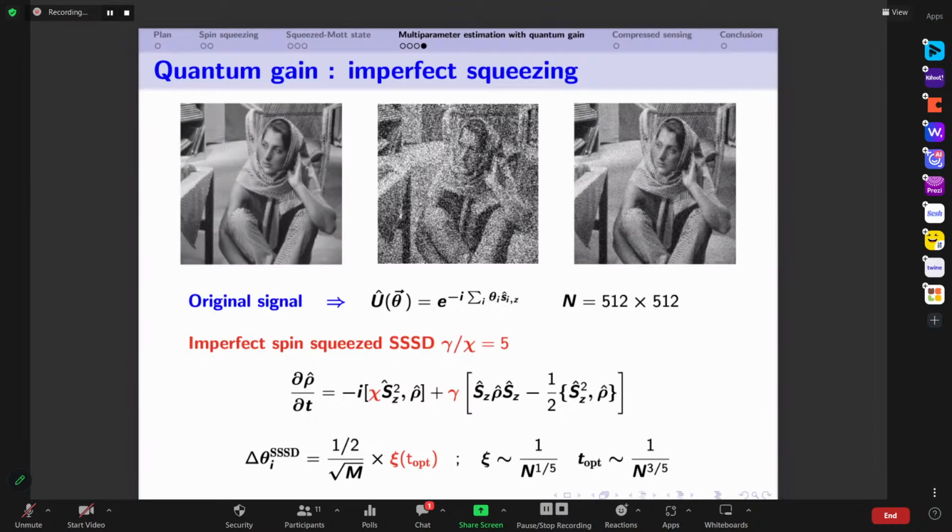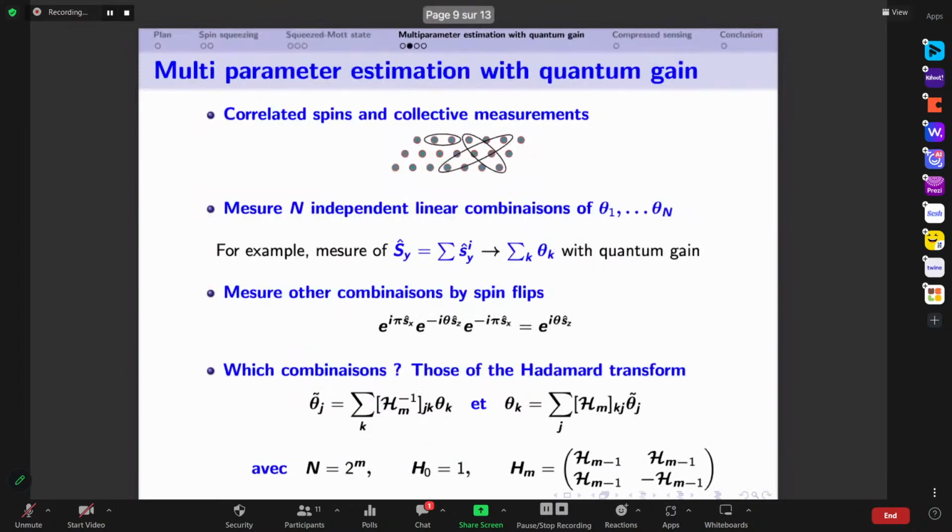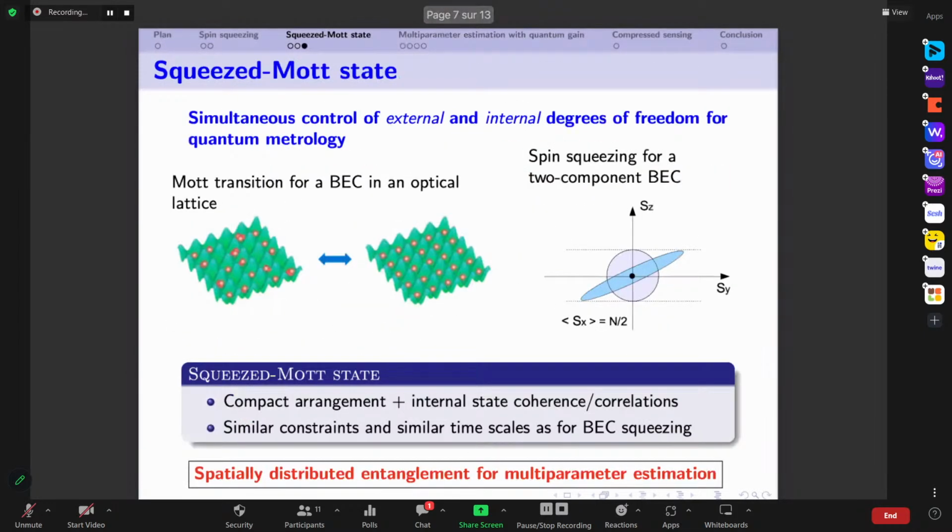So it's the same kind of time scales. We know that some degree of squeezing, for example 10 dB, can be achieved in this way. And of course, the mode transition was already done. But what was not done is to do at the same time the spin squeezing dynamics and the mode transition. But it should occur sort of automatically.